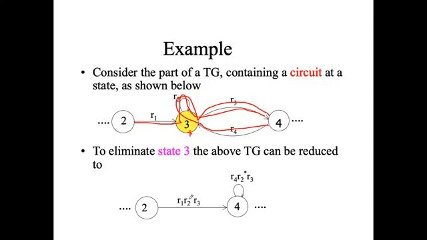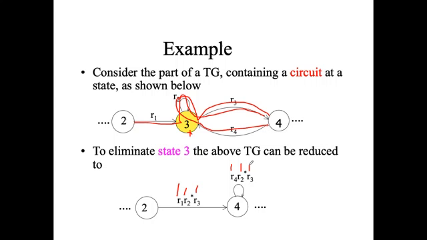First we eliminate state number 3 and we get R1, R2 star because of this loop, and R3, this one, and then we have R4. So from state 4 to state 3 there is a loop which is R4, R2 star and R3.